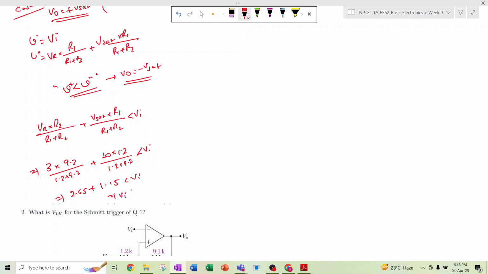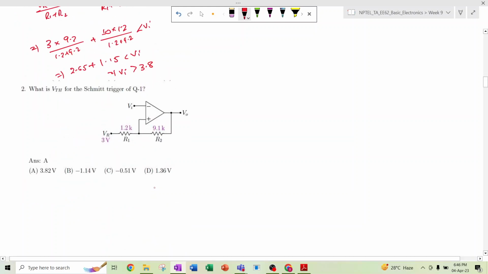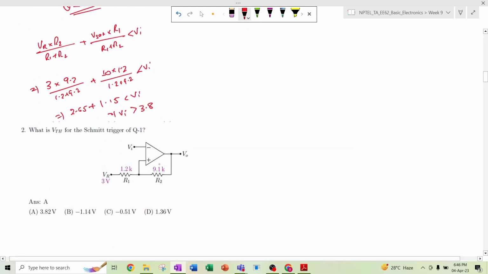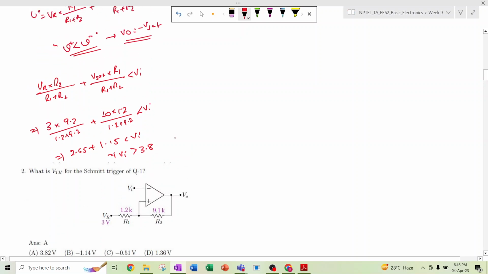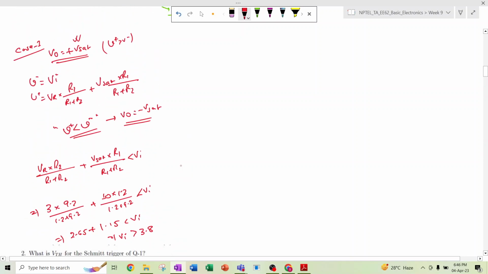So that means if Vi is greater than 2.65 plus 1.15, that is 3.8, then what is happening?